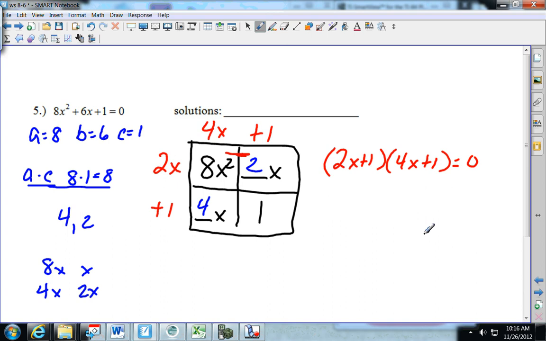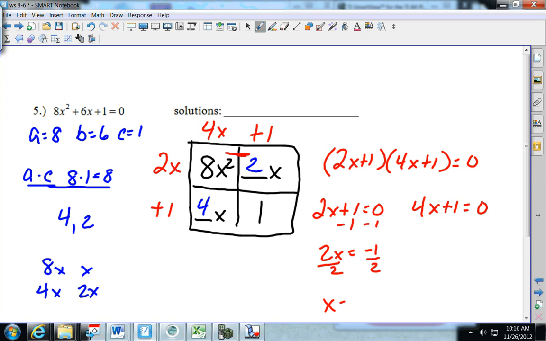That's factored form. To find your roots, 2x plus 1 equals 0, and 4x plus 1 equals 0. Subtract 1 from each side. 2x equals negative 1. Divide by 2. X equals negative 1/2.